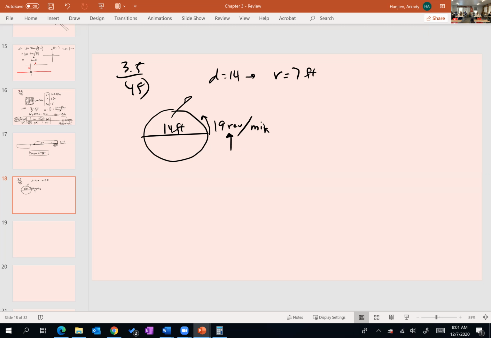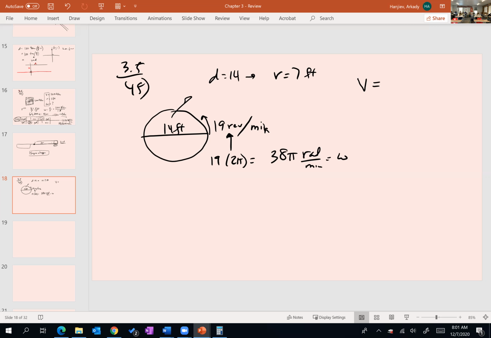And so if that's the revolutions per minute, if I take that 19 times 2 pi, that gets me 38 pi. Now I'm at radians per minute. And now I could say this is omega. Okay, cool. So I got R, I got omega, and then the question is what connects those two together?